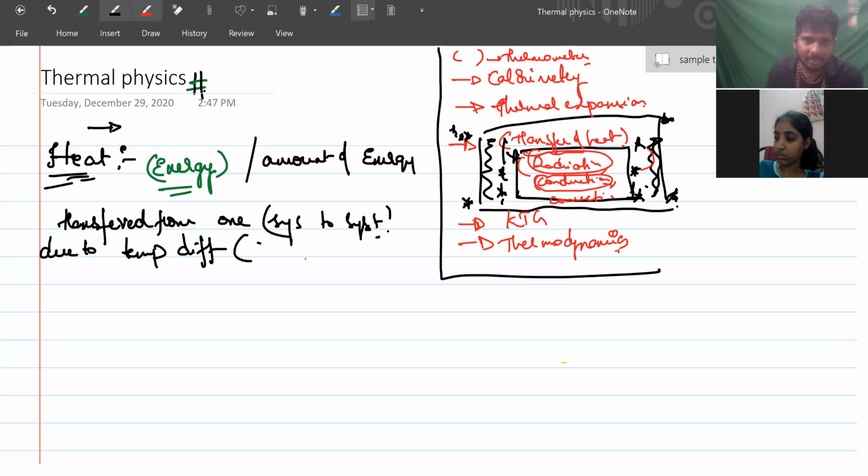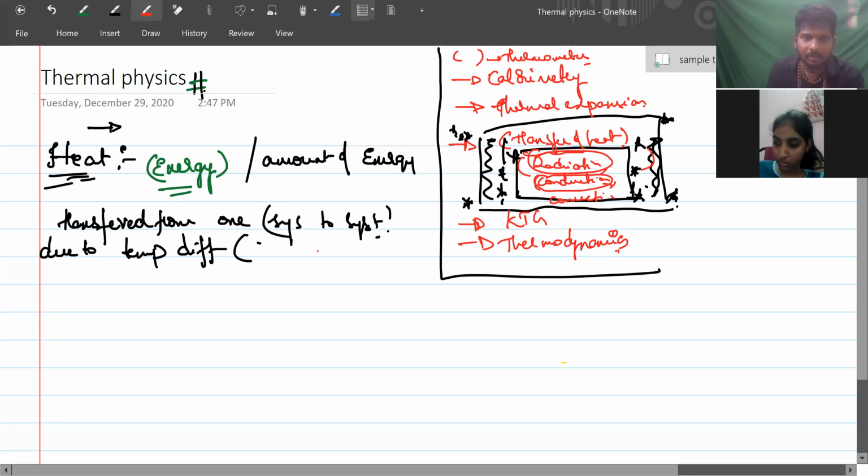Here is the catch. In a non-mechanical manner, non-mechanical transfer of energy is called heat.